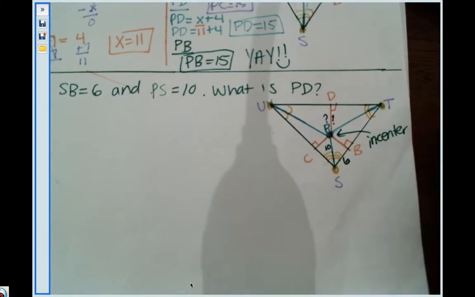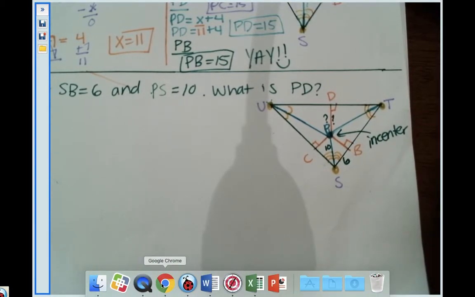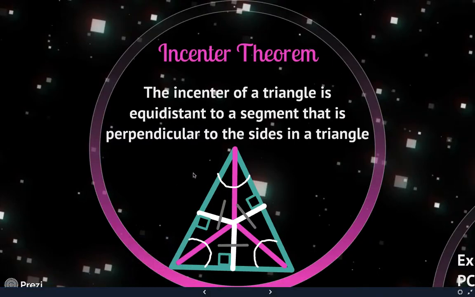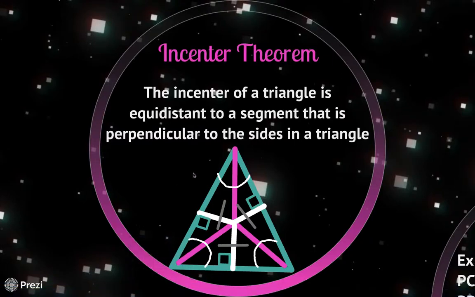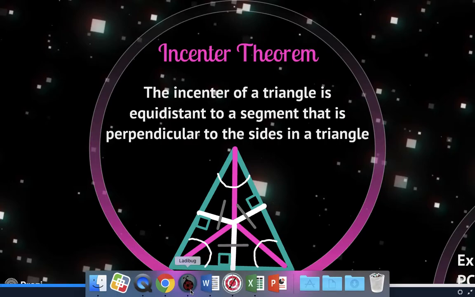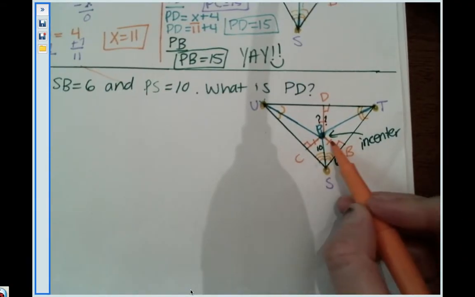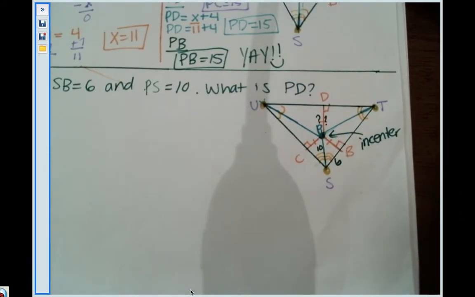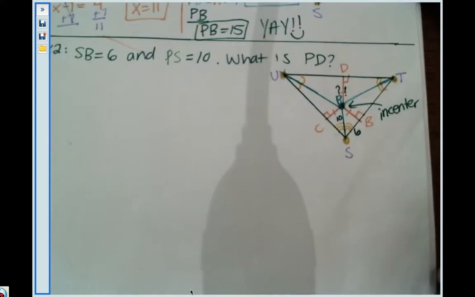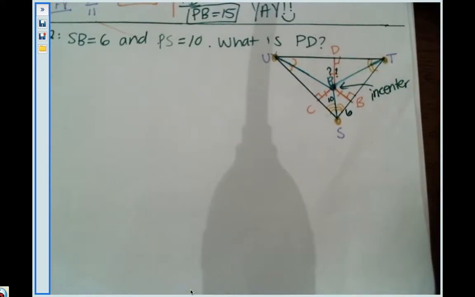Our angle bisector incenter theorem states that if you draw perpendicular segments to the sides of a triangle from the incenter, they're congruent. So I'm going to mark that again. These three are congruent. Sorry, guys, I just marked that these three are congruent. I thought you could read my mind.